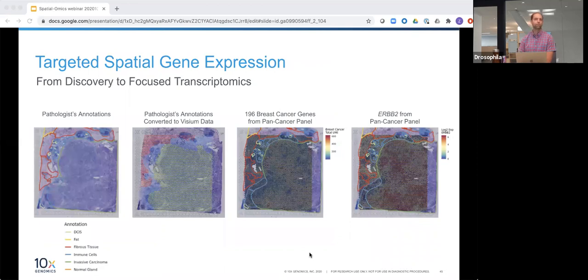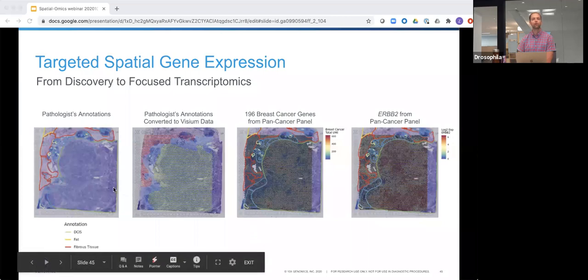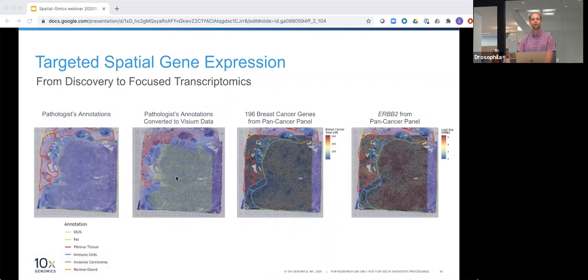You can do a similar thing with cancer. This is a pathologist annotation, probably from the same block we looked at earlier. You have this whole region that's invasive carcinoma. You can go in and look at the pan-cancer panel and figure out which genes are breast cancer associated. This incorporates 196 genes in that particular panel.